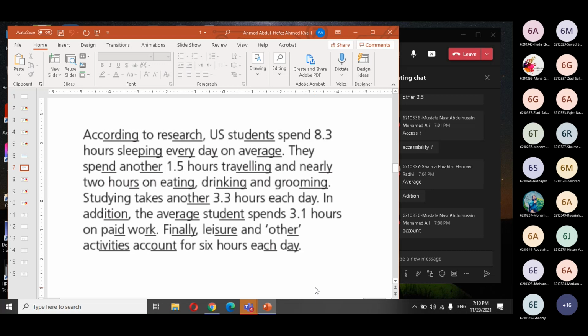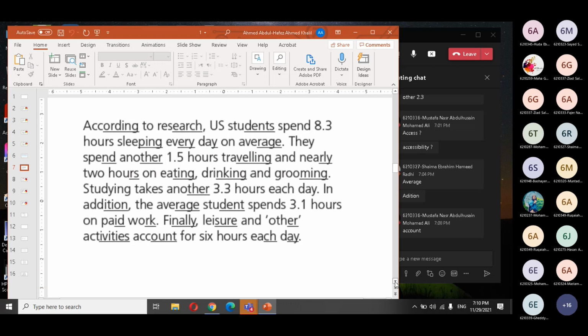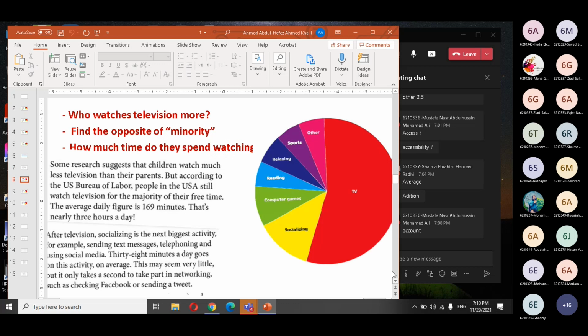If you read this text, you will find that it's summarizing the text we were reading about the daily activities of the US students.